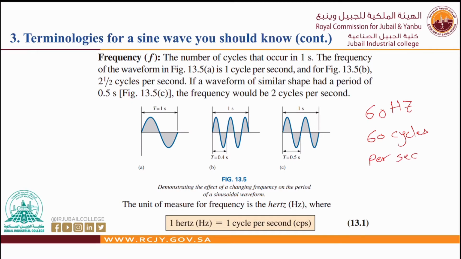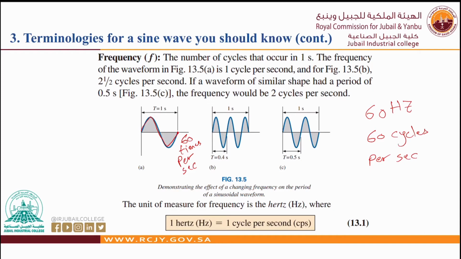So the waveform is repeating itself 60 times in 1 second. In 1 second, this AC wave is repeating itself 60 times per second.